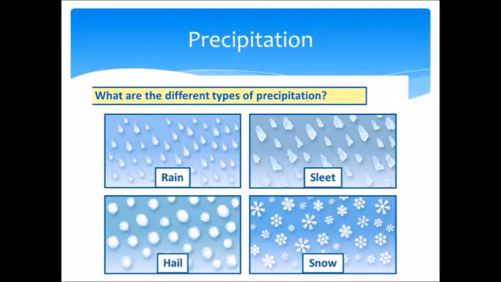Knowing where it rains, how much it rains, and how the rain might fall, whether it be snow or hail, allows scientists to better understand precipitation and the impact this has on our rivers, streams, and groundwater.